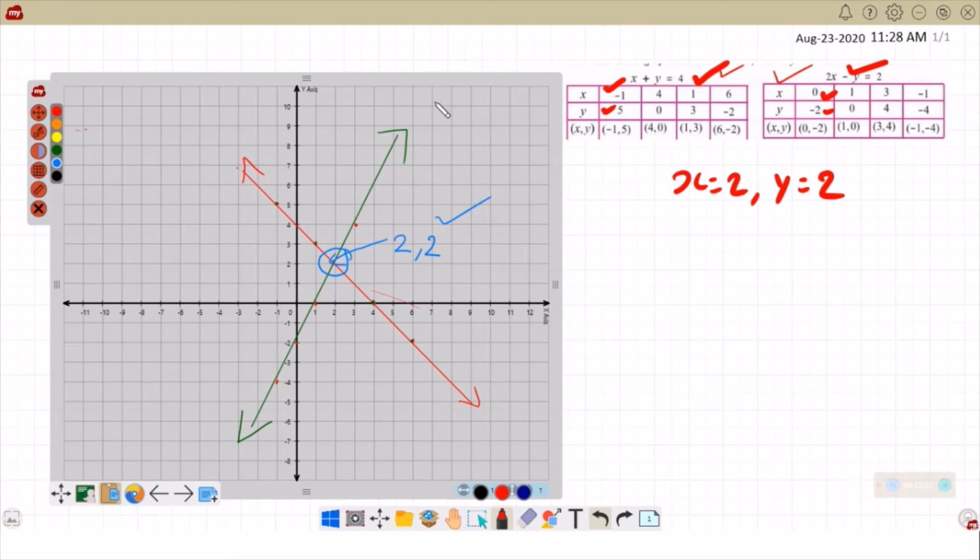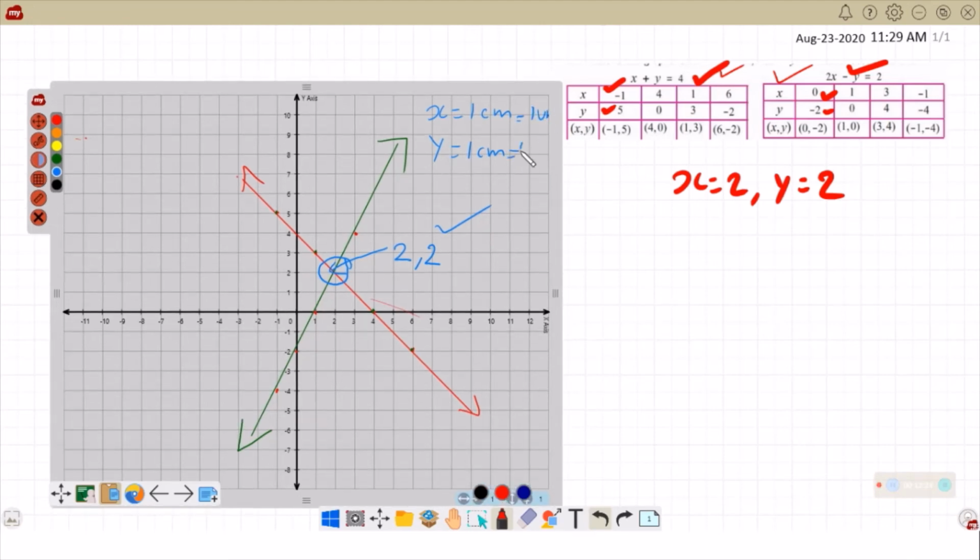You have to write what all you have done in the graph. X is equal to 1 centimeter, y is equal to 1 centimeter, depending on what the item is, equal to 1 unit, and this is also equal to 1 unit. And you also should write all these points. For example, first is minus 1 comma 5.